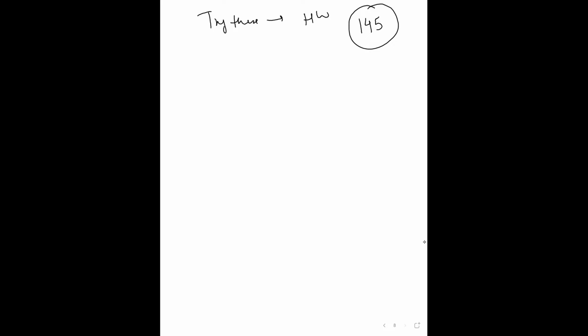Now we're going to come to the exercise. Exercise 7.2, page number 149. Which congruence criterion do you use in the following?